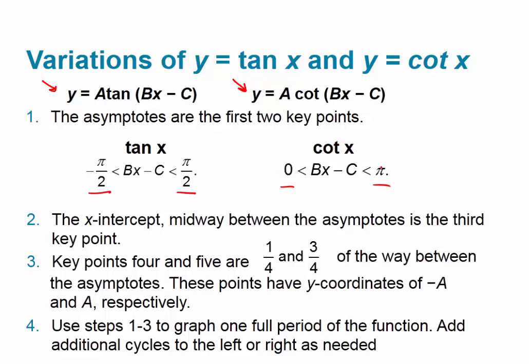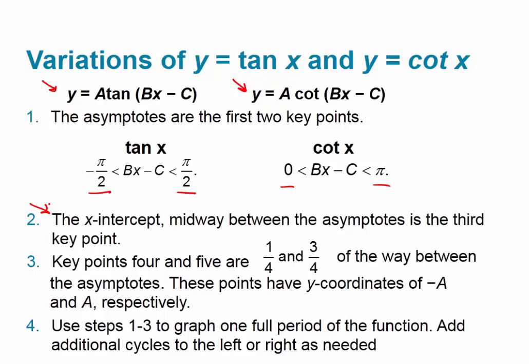Just like when we were doing the sine and the cosine, we started with our double inequalities here with 0 and 2 pi because those were the normal periods for sine and cosine. So other than that, graphing the tangent and cotangent are almost going to be identical. We already talked about this a little bit.